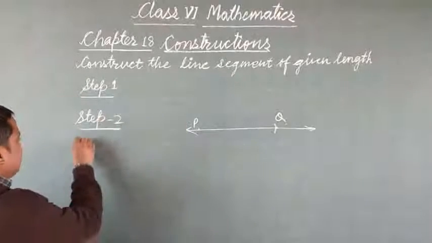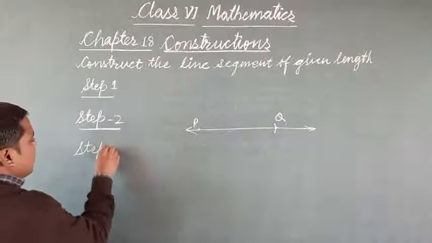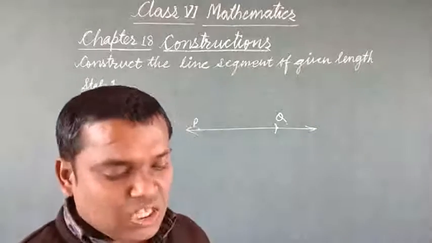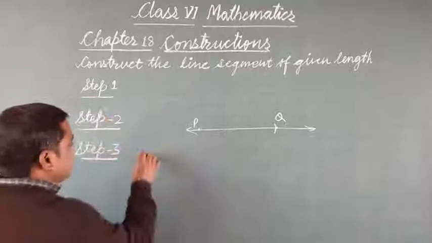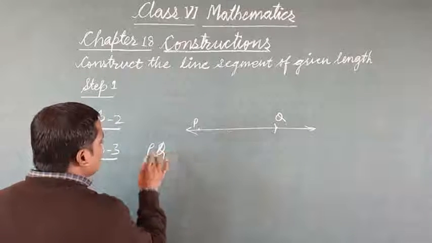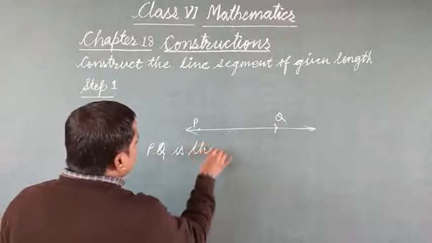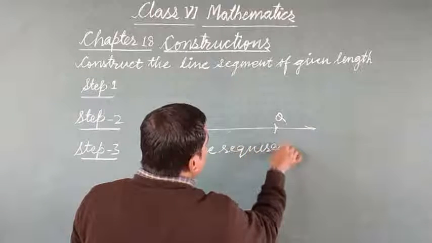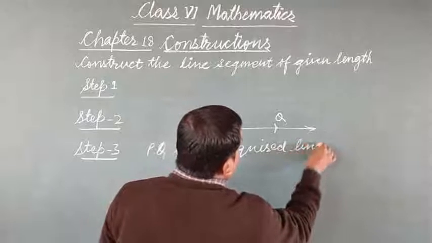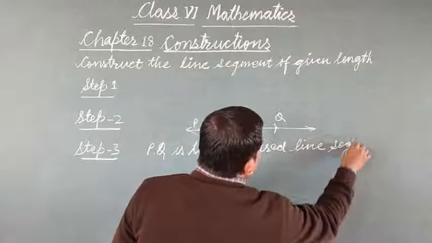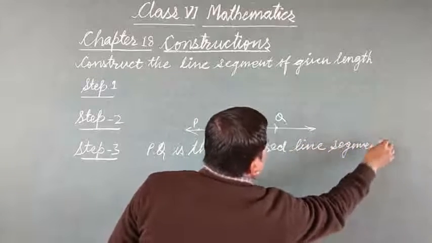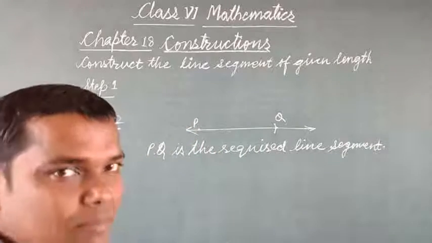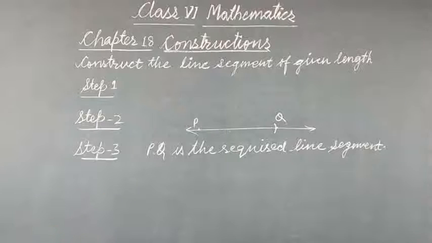So in step 3, we can say that PQ is the required line segment. According to this, you can draw a line segment of any length.